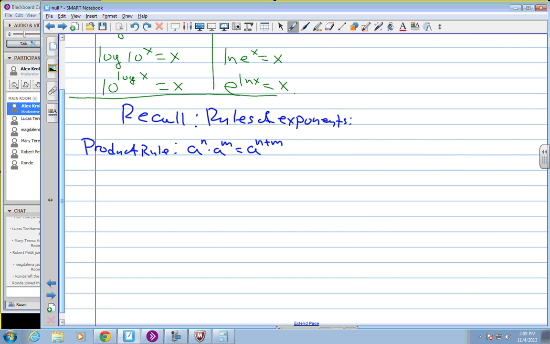So that's the product rule. We have the quotient rule. That says if you take a to the power n and you divide it by a to the power m, you subtract exponents, a to the power n minus m.